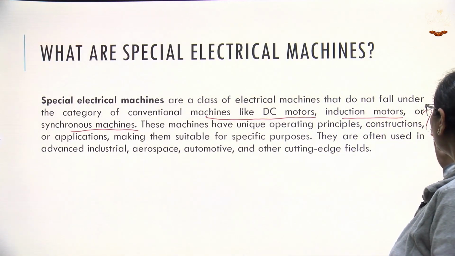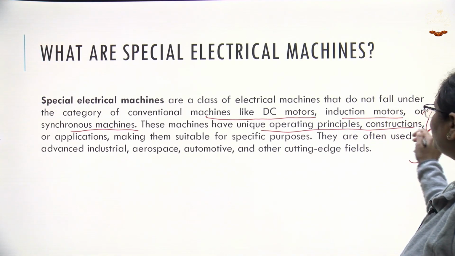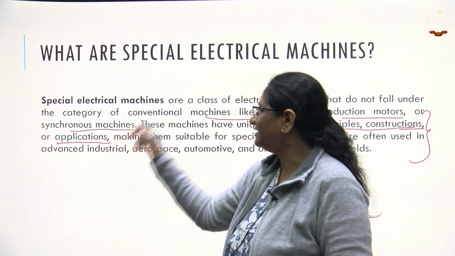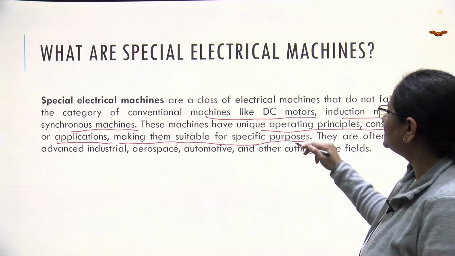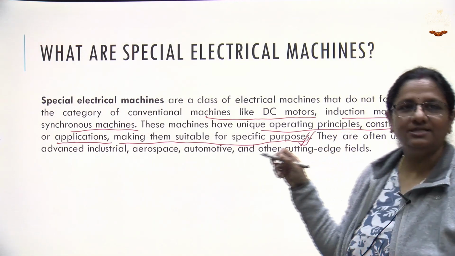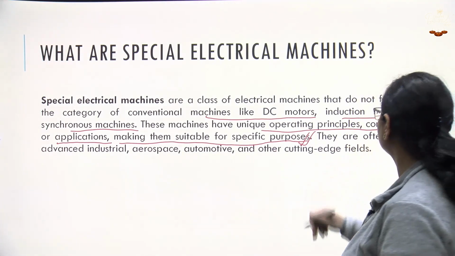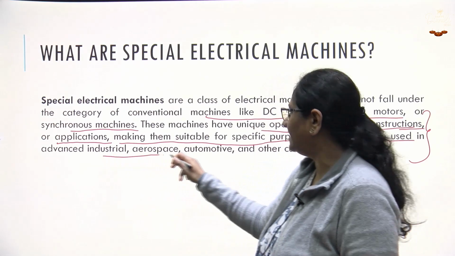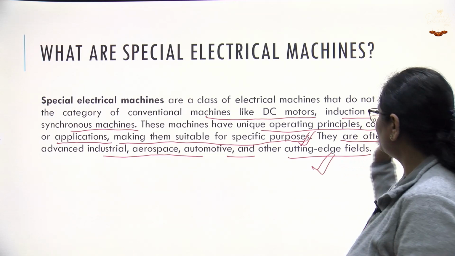These machines have unique operating principles, unique construction, as well as specific applications, making these machines suitable for specific purposes. We will discuss in detail what are the application areas of these special electrical machines. They are often used in advanced industrial, aerospace, automotive, and other cutting-edge fields.